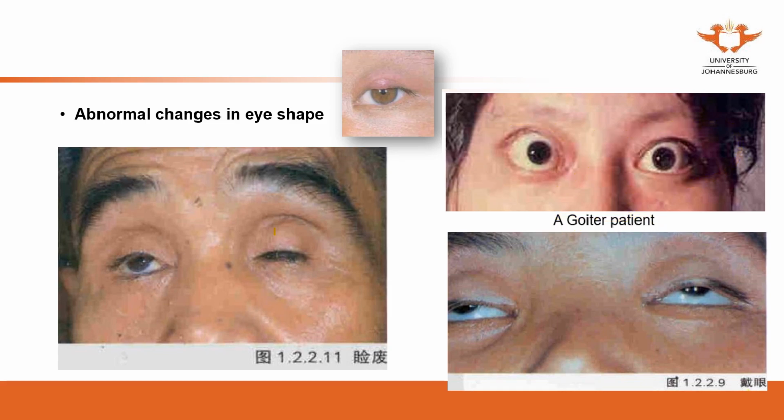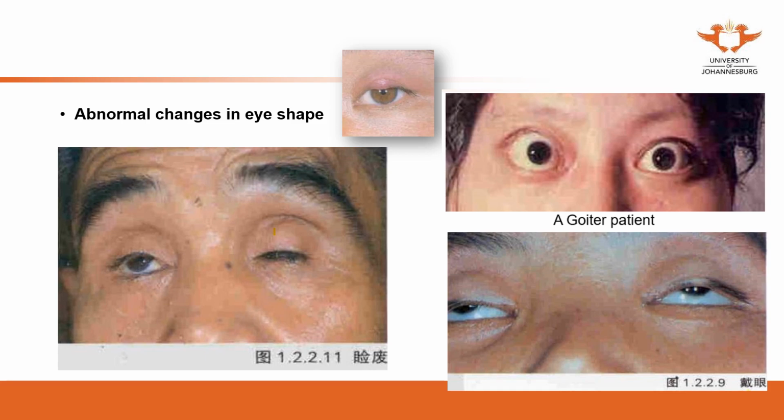In the last image, you see this patient, the eyelids could not open, and you also see the eyes, especially the irises. This picture was taken at the final stage of the patient, just before death.